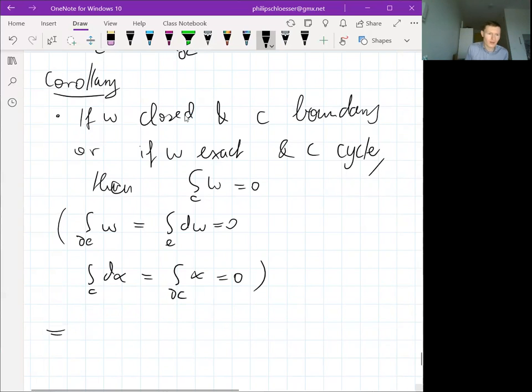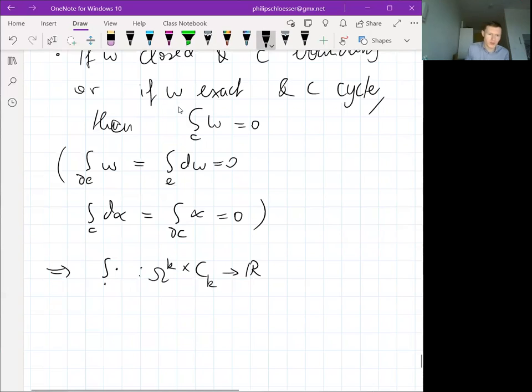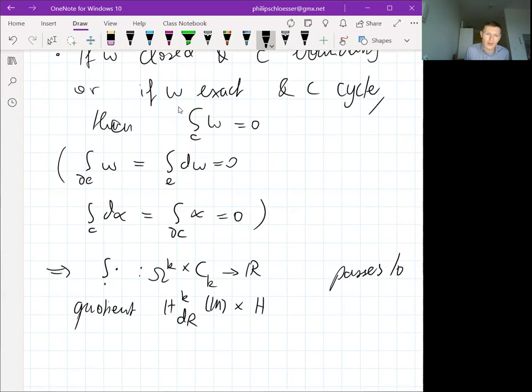And from that, we can infer that our map, the integral from omega k times ck to R, can actually be restricted to closed forms times cycles, and then it passes to the quotient of the kth de Rham cohomology group and the kth singular homology group.